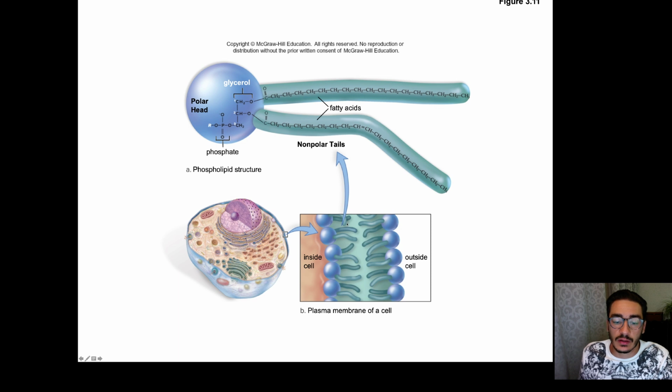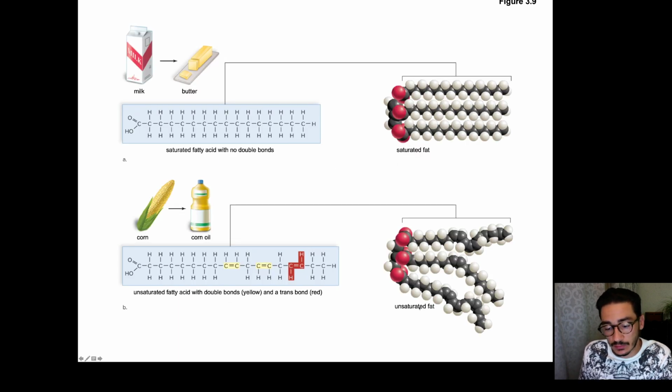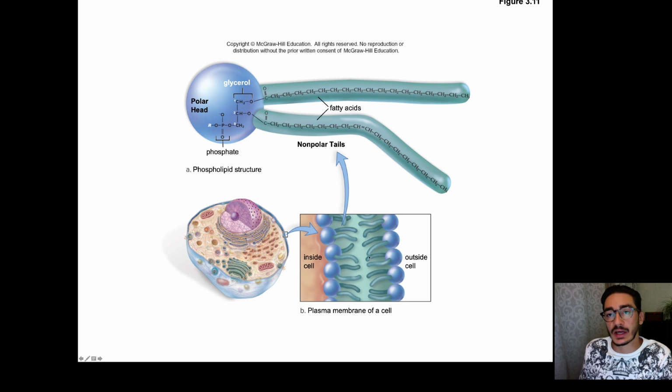So if neurons in your brain have a cell membrane made from unsaturated fats, you have spaces, and it's going to help neurotransmitters, the molecules which promote signals between two neurons, so the neurons can communicate, and those neurotransmitters can go very easily through the cell membrane.